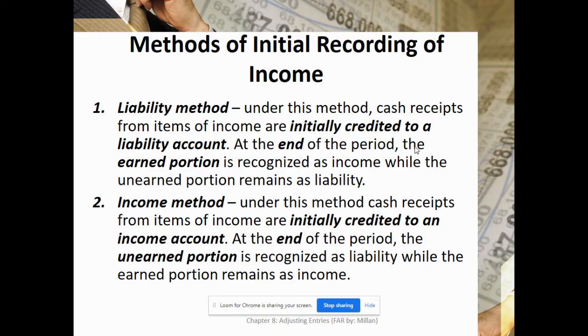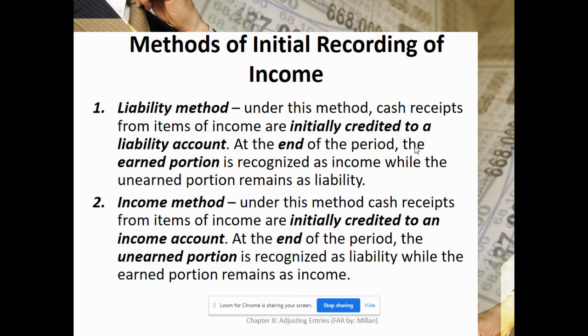Now, these are the methods of initial recording of income. May dalawang method. Nung mga previous transactions, previous chapters, na-discuss ko na kapag nag-record ka ng income, kunwari nakabenta ka dun sa example natin for barbecue.